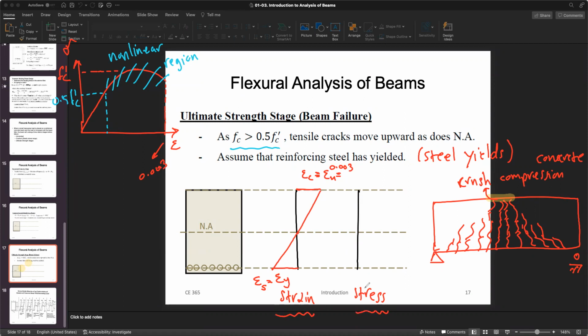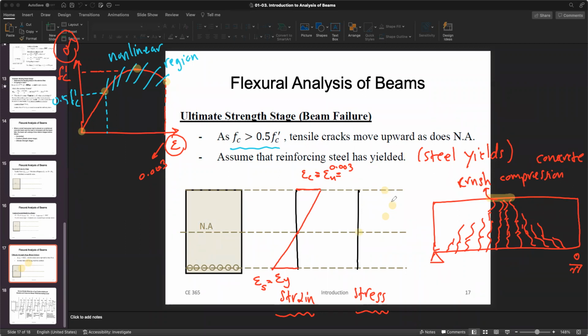What about the stress? The relation between the stress and the strain is shown in this graph, right? It is here on top, it goes a little bit higher to reach this point, like here, and then it goes to this point, and then reaches 0.